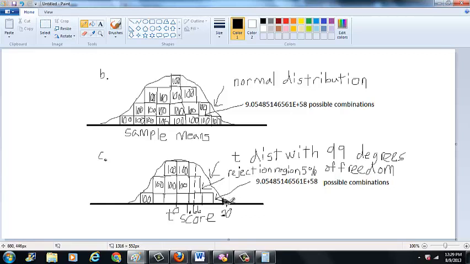So you need to have a little piece that you can shade in here. And this is the p-value that we've shaded. Yeah, this line here is supposed to be at 20, so the p-value is this area.